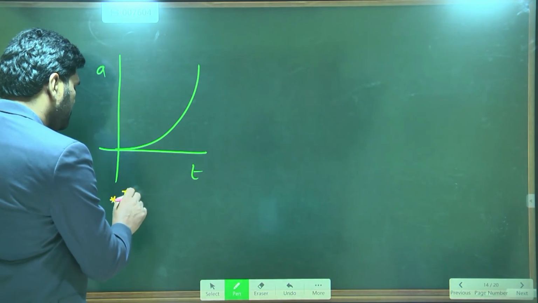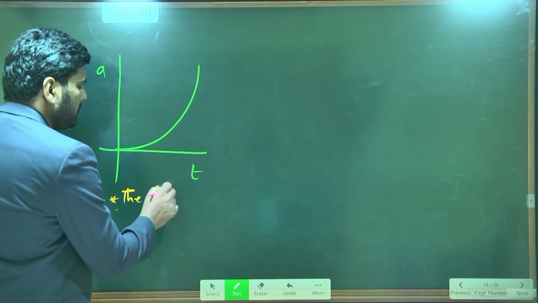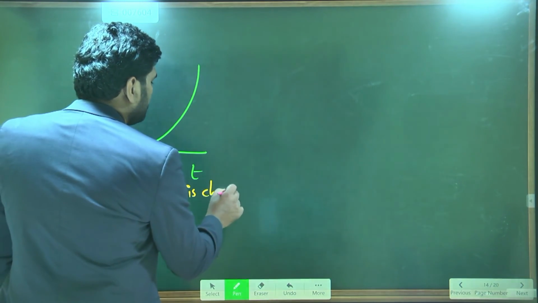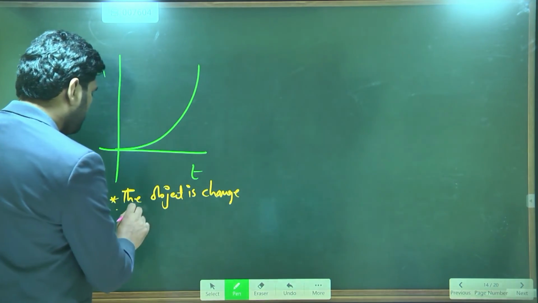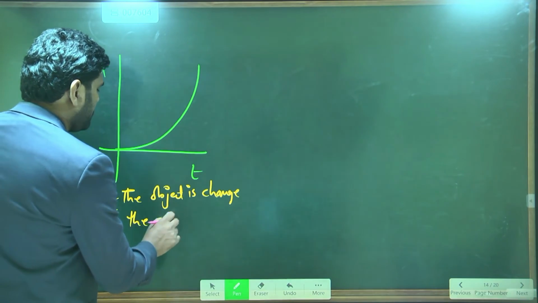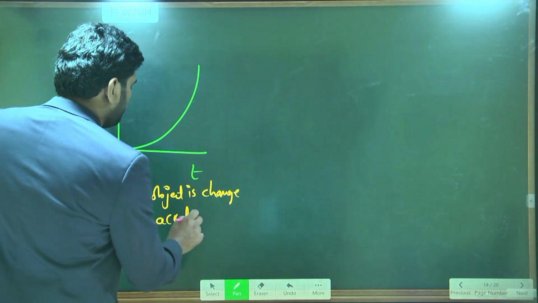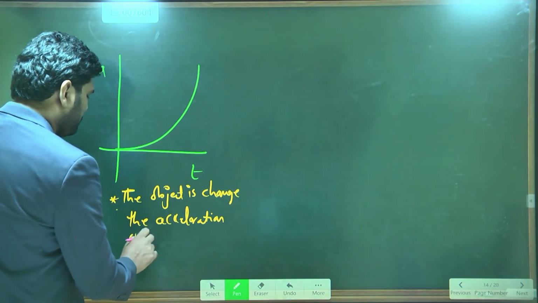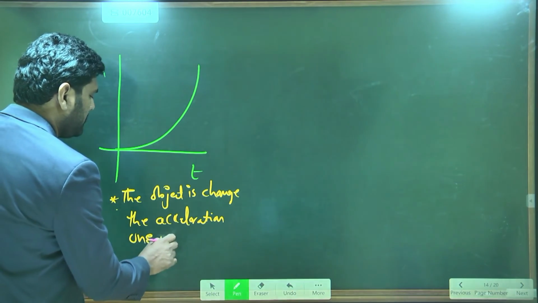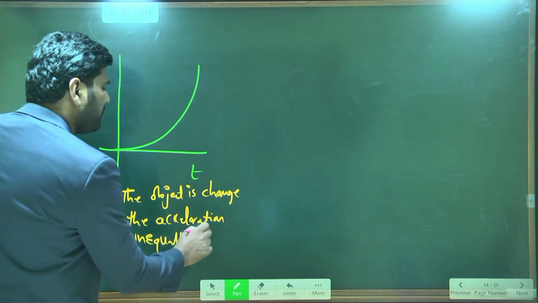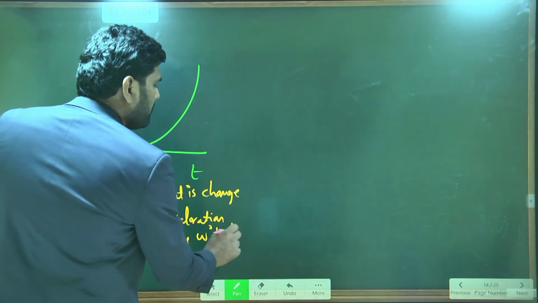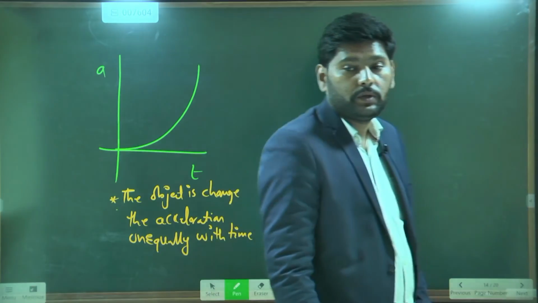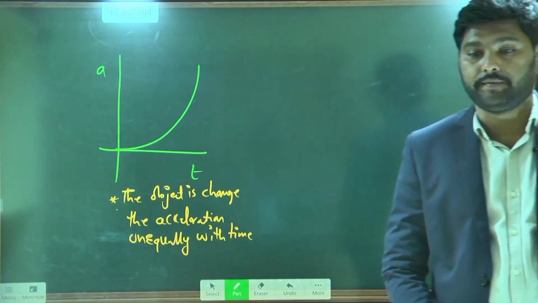The object is changing the acceleration unequally with the time. Unequally with what? With the time. So these are the graphs.